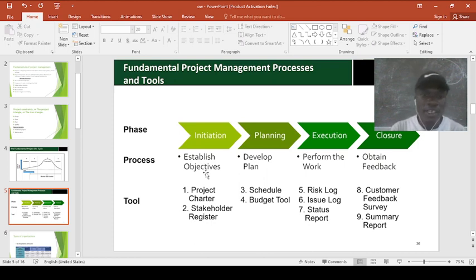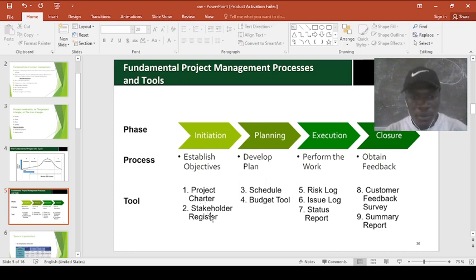Then these are the various tools involved during the initiation stage. We have the project charter, which is a document issued by the project initiator that formally authorizes the existence of the project and provides the project manager with the authority to apply organizational resources to the project activities.